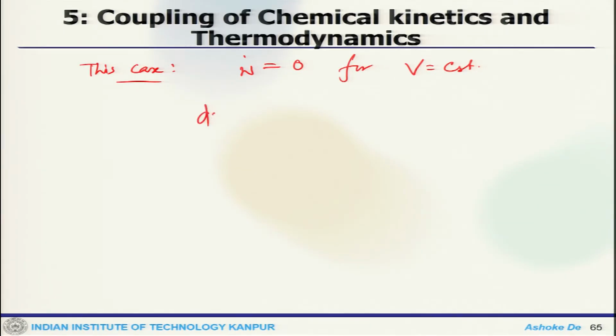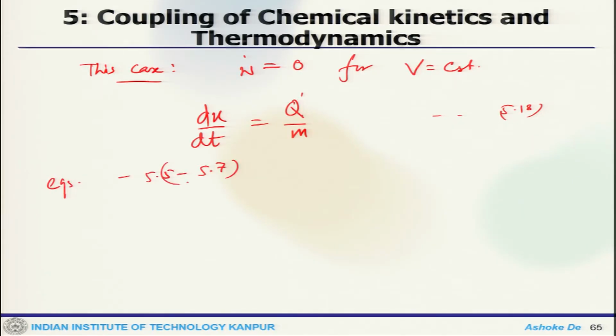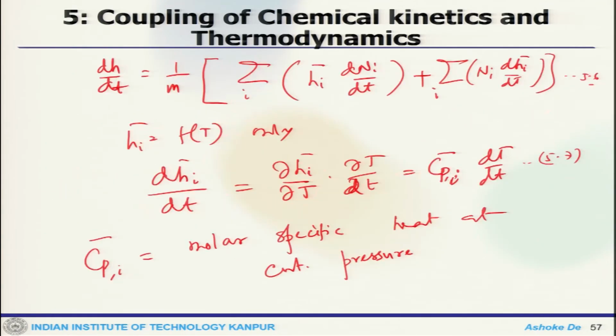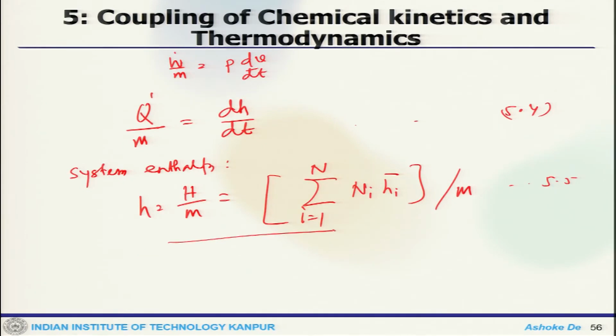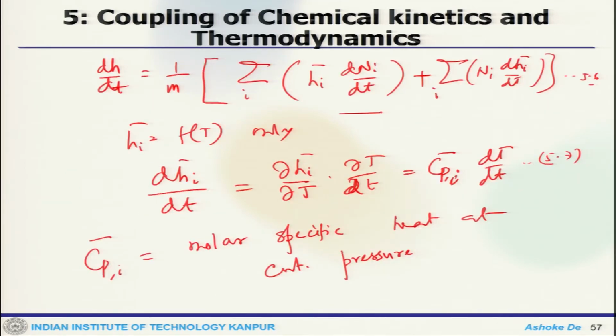So, my energy equation will give du/dt equals q dot by m. Now, U here plays the same role as H in our analysis for P constant. Now, the equations that we got from 5.5 to 5.7, similar things can be developed here and used in this particular equation. So, this is one expression, this is the second expression, this is the third expression.